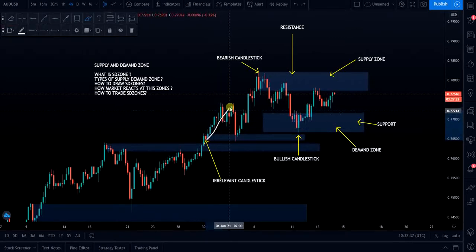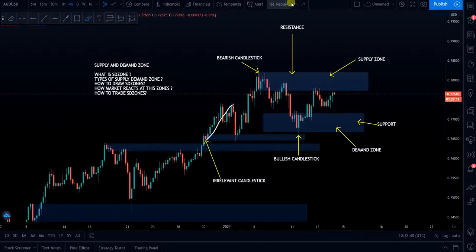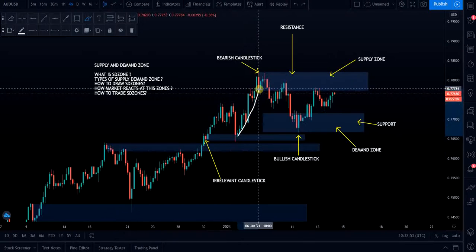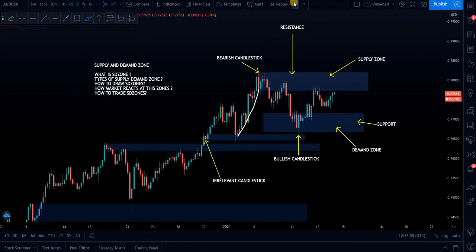After this candle we can see that the market is still bullish. After some correction, the market got support at this supply demand zone, which is with the help of the irrelevant candle. After that, the market started moving up. Again we got this resistance level for the next market. So this is how supply demand zone works.